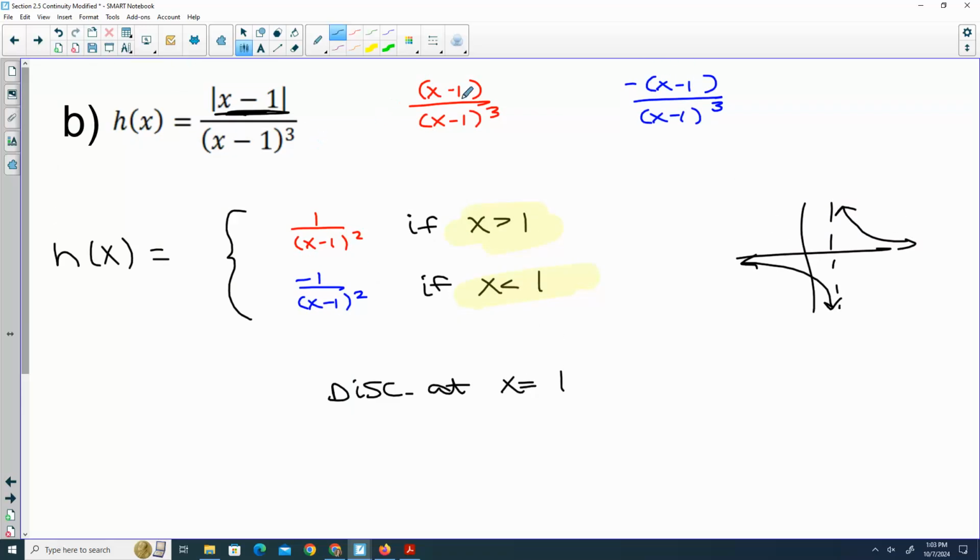We talked about what the absolute value would do. If your number is bigger than 1, when you subtract 1, it's still positive, so the absolute value doesn't change it. And then we cancel the x minus 1. If you put in a number smaller than 1, it's negative, and the absolute value does the opposite, to make it positive.